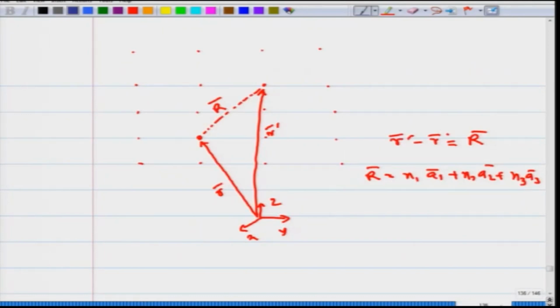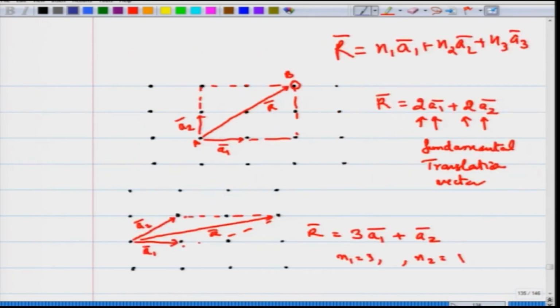And what this meant was that you can go from any point to any other point in your Bravais lattice, and these two points are connected by a translation vector, where this translation vector can be written in terms of these fundamental translation vectors a1, a2 and a3.